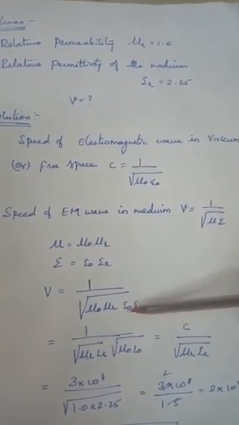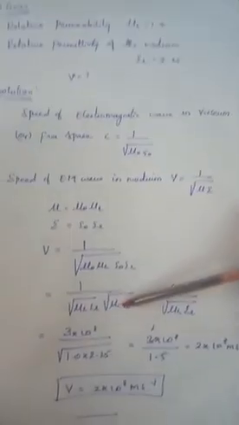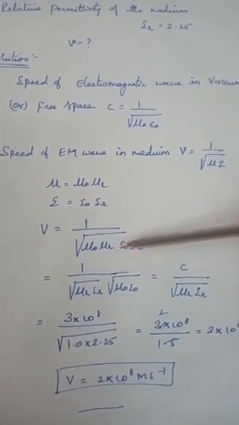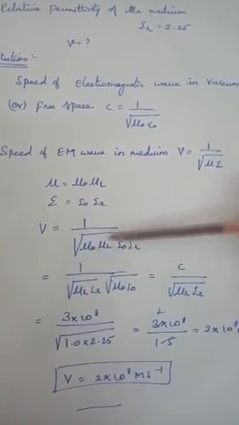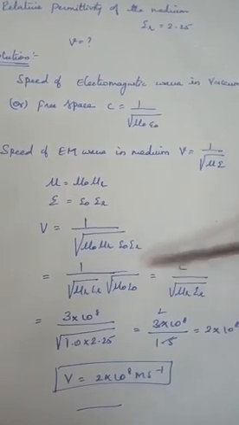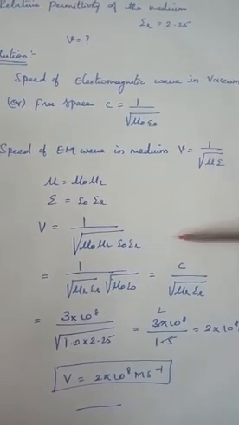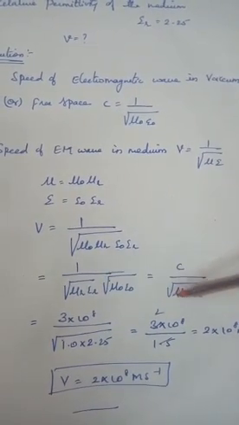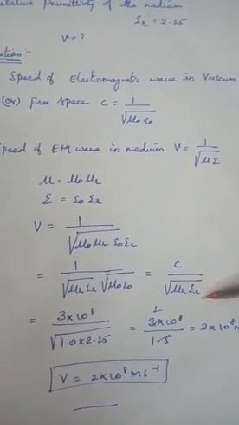This can be split into two parts, 1 by root of mu naught epsilon naught and 1 by root of mu r epsilon r. So 1 by root of mu naught epsilon naught is the value of c. So substitute that: c divided by root of mu r epsilon r.